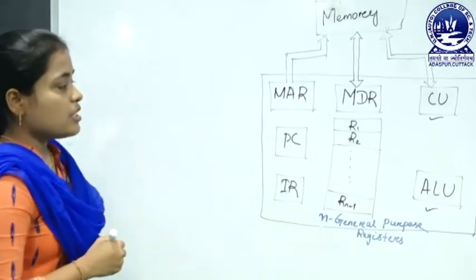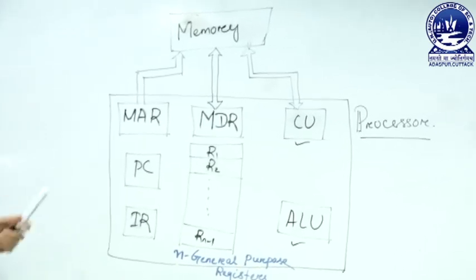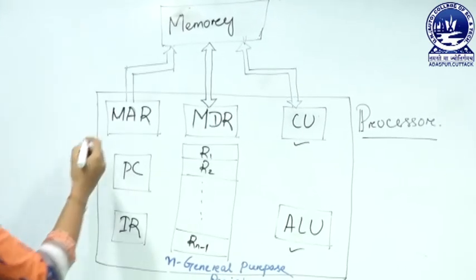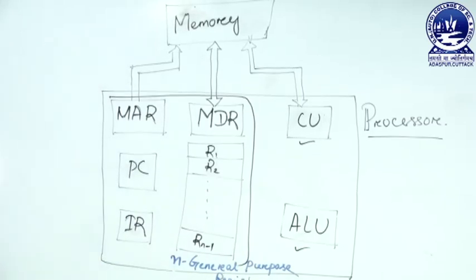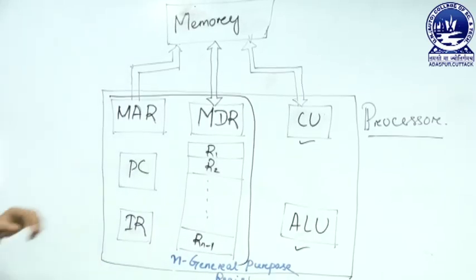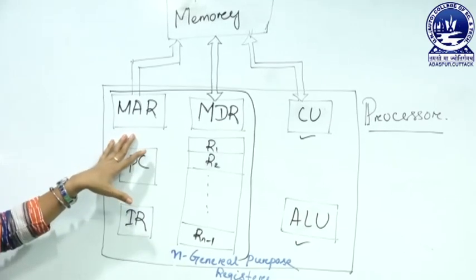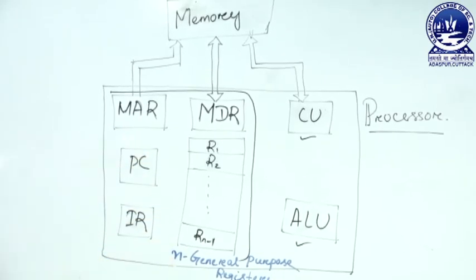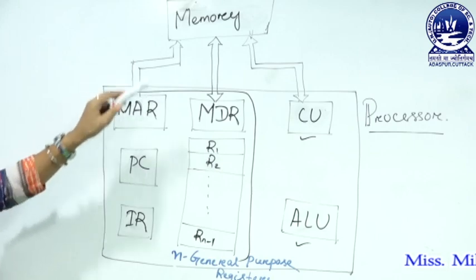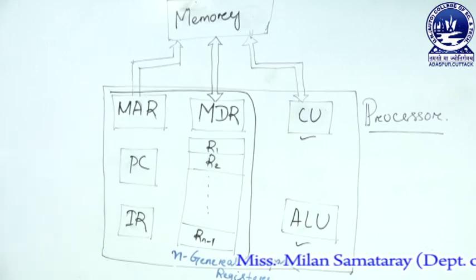But the processor also has a third important part, that is called the register part. There are more than one registers, some for special purpose and some general purpose registers. We will discuss all these registers as well as the connection between them.